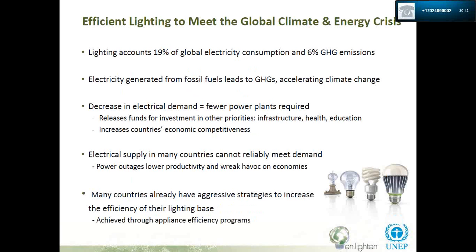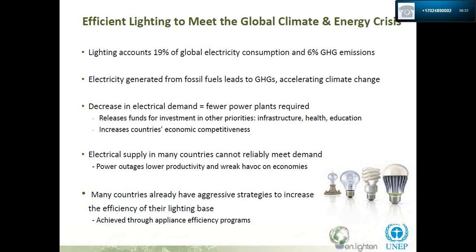Now, the background of efficient lighting is clear. Most of you, coming from government, private sector organizations, consultancies and expert groups, know that lighting is a key solution to mitigate climate change and reduce energy consumption globally.